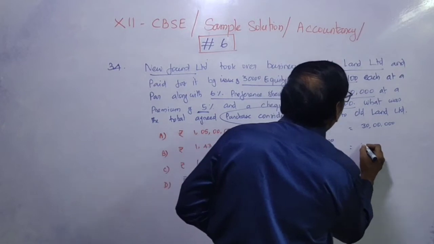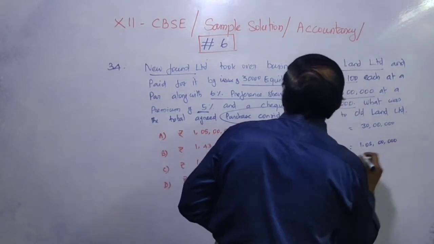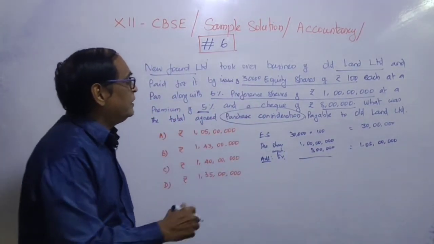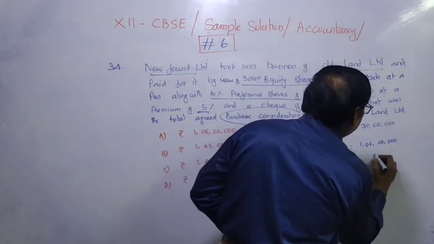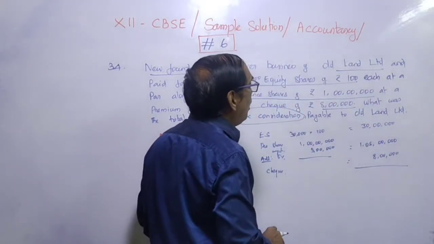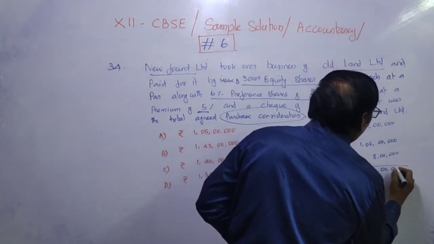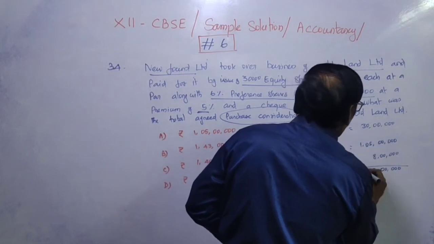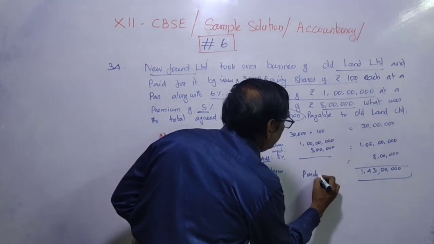So 1 crore 5 lakhs. In addition to that, a cheque of rupees 8 lakhs is given, the down payment. So the purchase consideration in order to acquire Old Land Limited is 1 crore 43 lakhs.